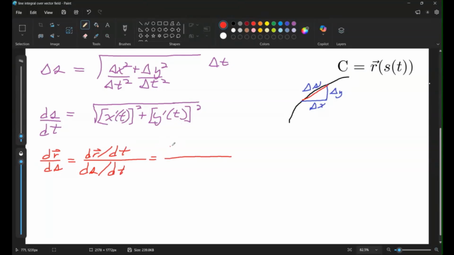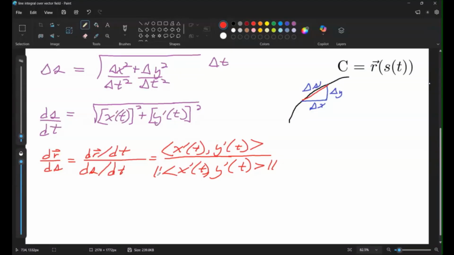and now dr/dt is just simply our derivative vector. And then ds/dt, well, that's this. And if you look at this, this is nothing more than the magnitude of this. So if we just take this and put it in magnitude marks, then we have the derivative vector over its magnitude.